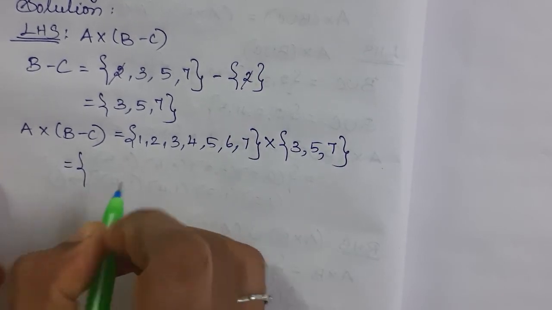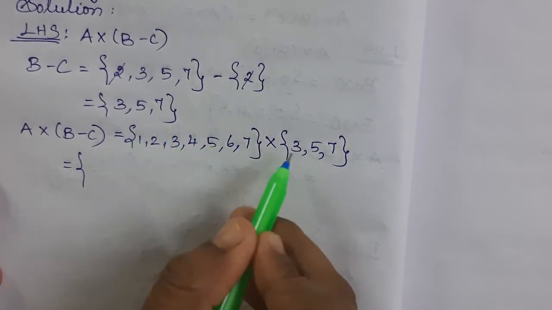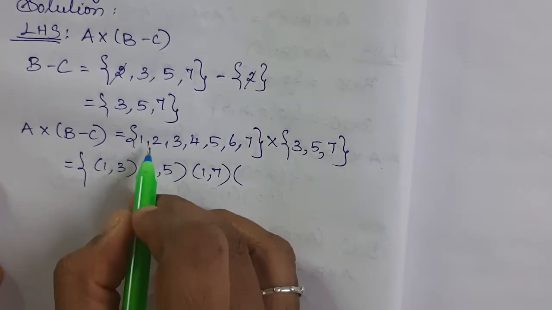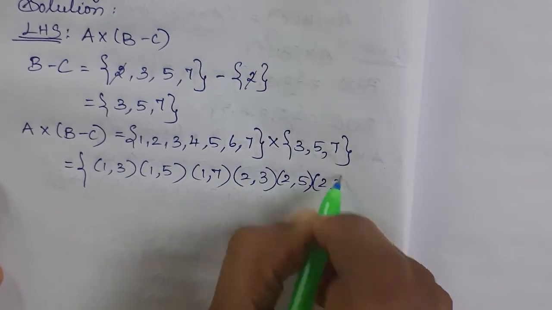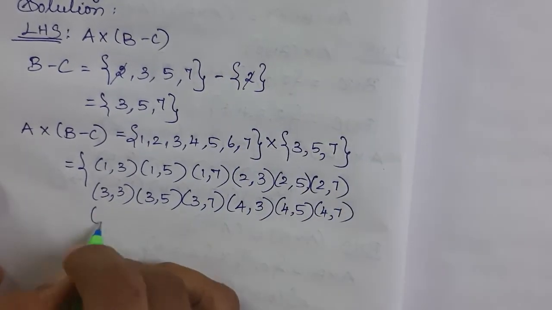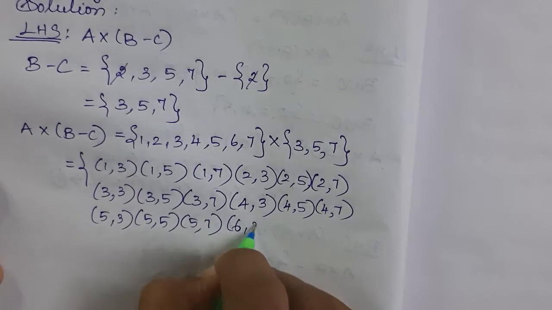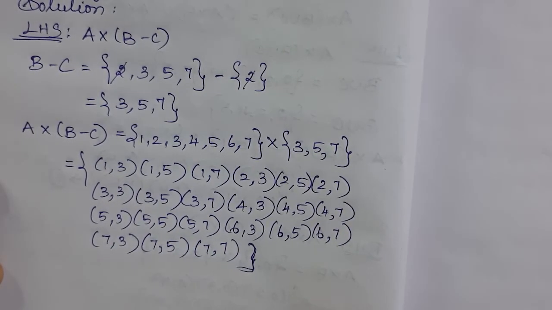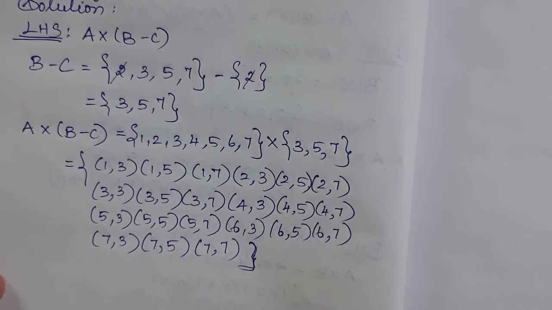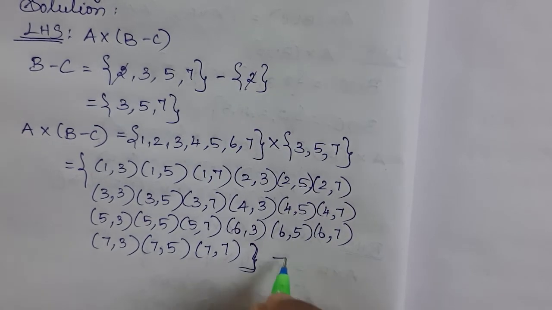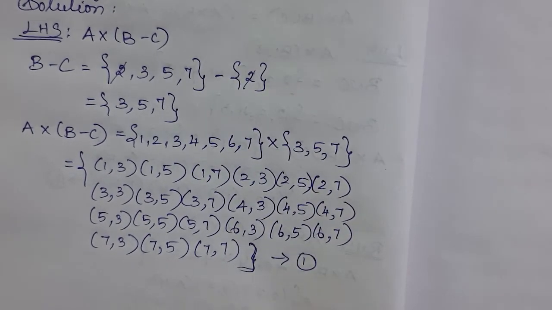The cross product is nothing but pairing and writing in ordered pairs: 1, 3. So, these are the set of ordered pairs for the cross product of A cross B minus C. This is your left hand side. Name it equation number 1.